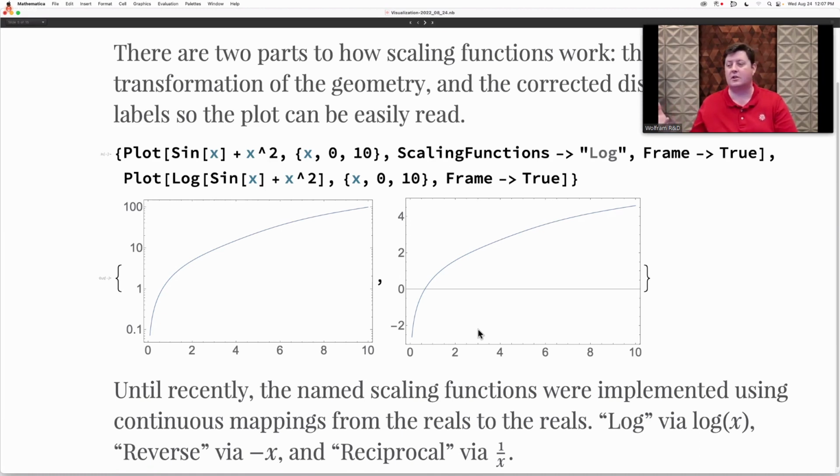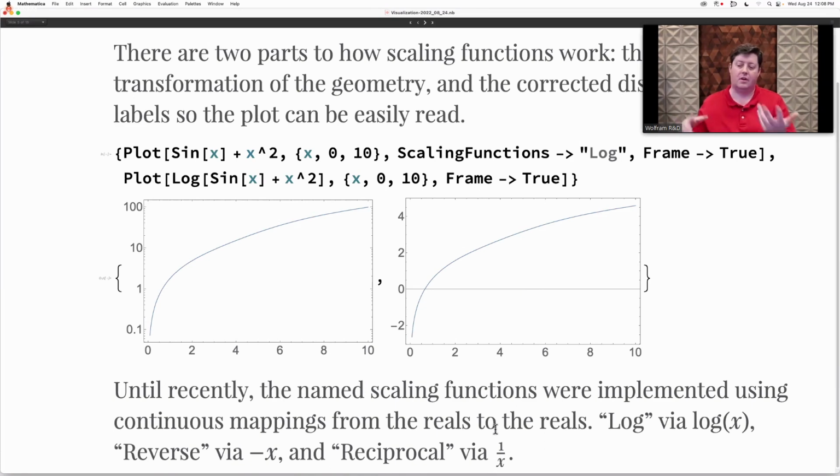So the scaling functions we looked at so far, log, reverse, reciprocal, are all implemented using functions that are nice mappings from real numbers to real numbers, or relatively nice mappings. Log is transforming by just applying log to things, reverse is negating it, and reciprocal is taking the reciprocal.